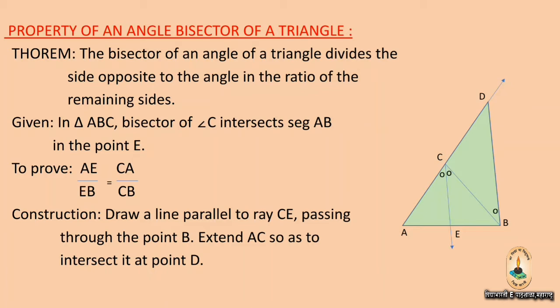Then draw the line parallel to ray CE. Here in the diagram, line BD is parallel to ray CE. Then to prove that AE upon EB equals CA upon CB.